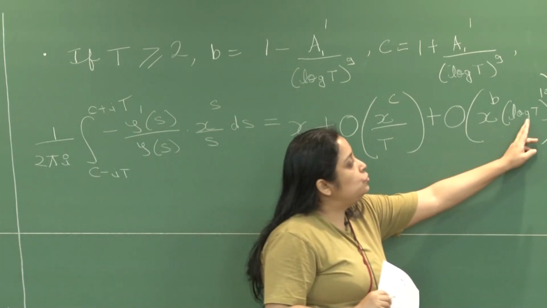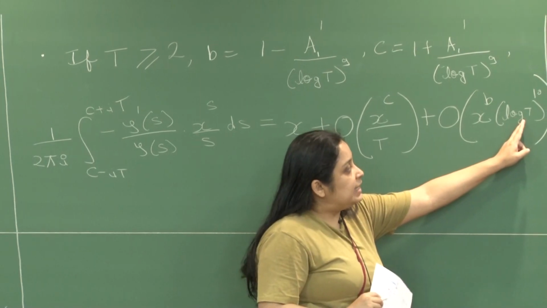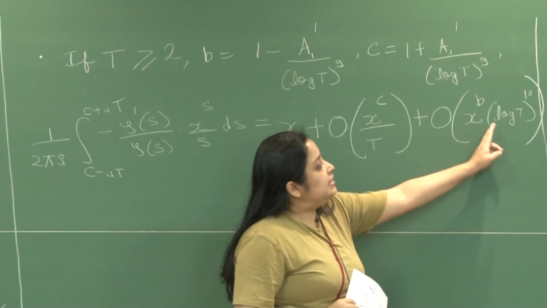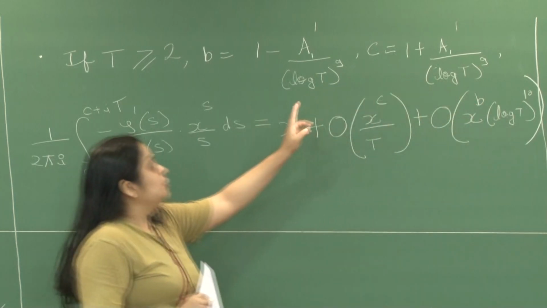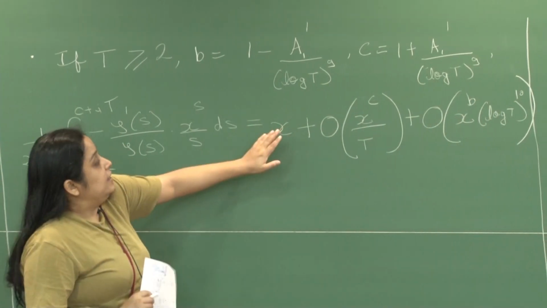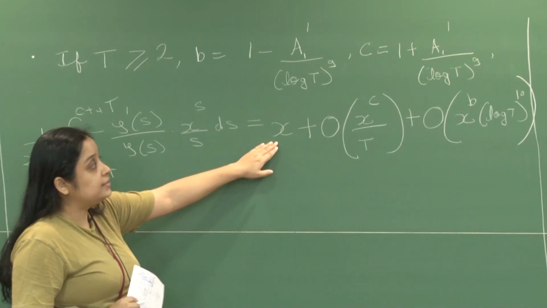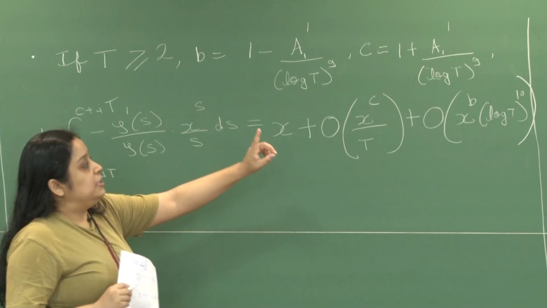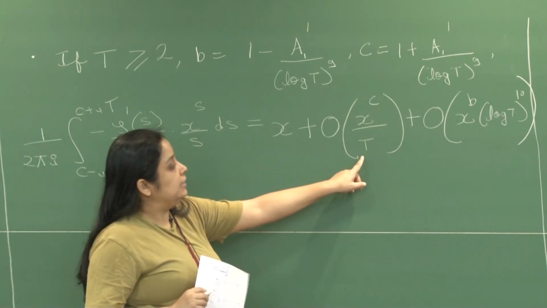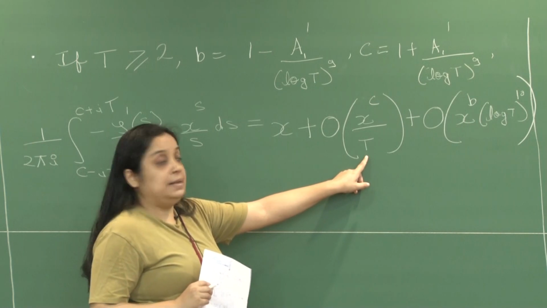So we have to choose capital T in such a way that x to the b times log T raised to the power would be strictly less than the order of x, at the same time ensuring that this term itself does not become very big.